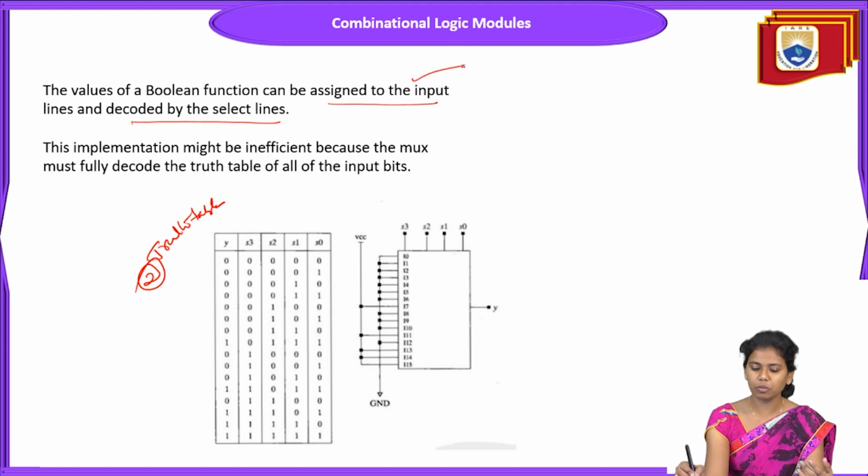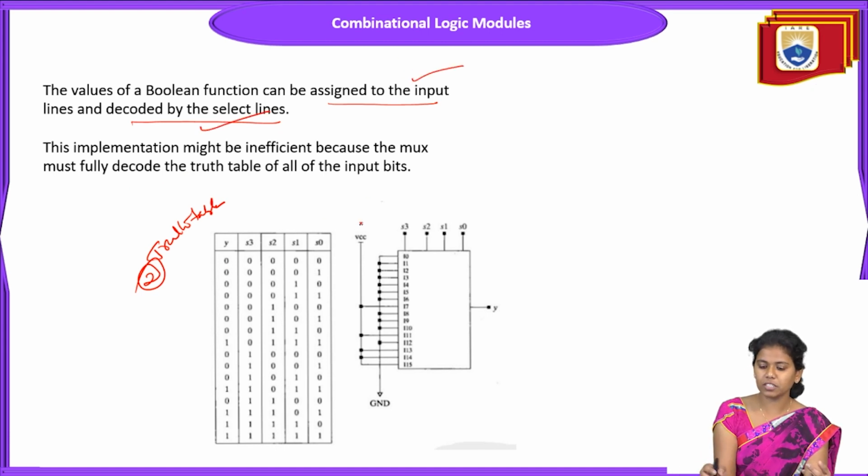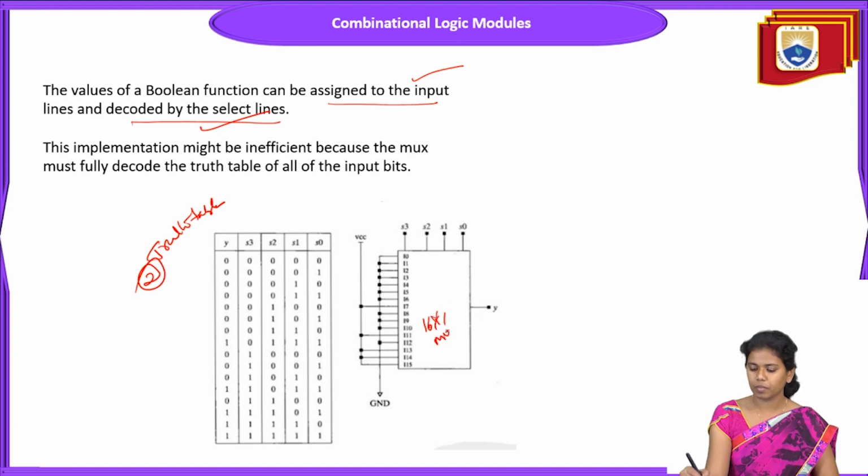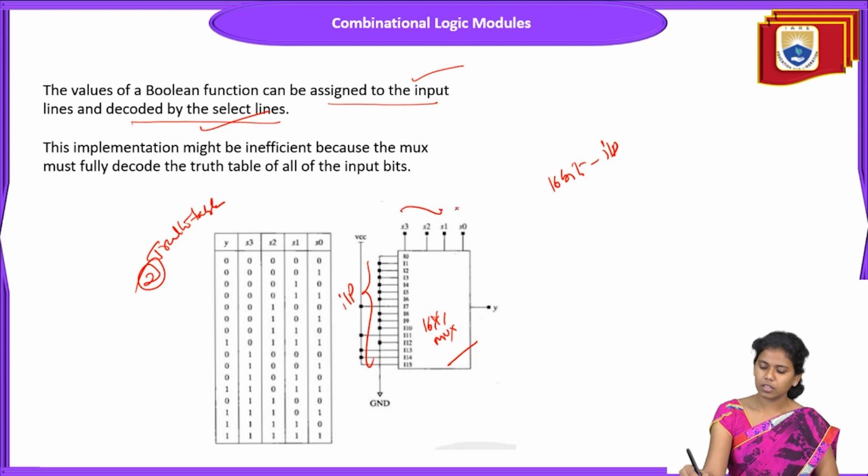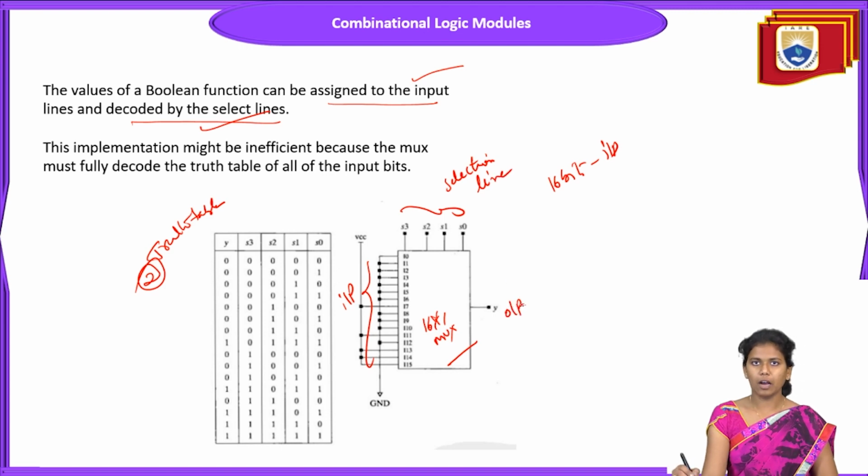The implementation here is a 16 by 1 multiplexer. For this 16 by 1 multiplexer, 16 bits are the input bits, these are the selection lines, and this is the output.